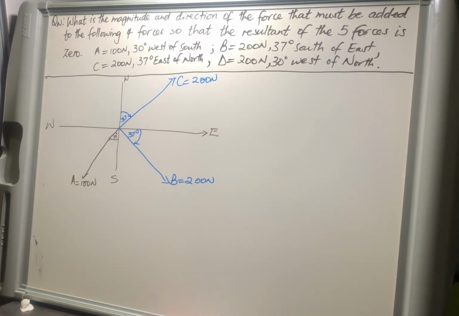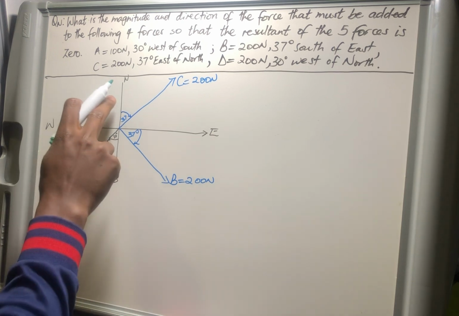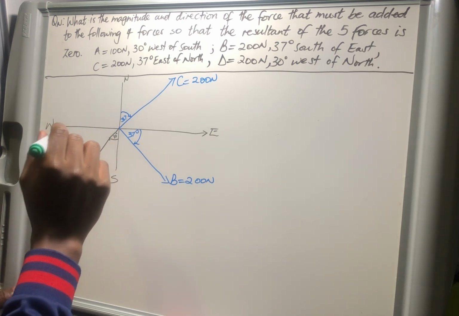Then the last one, you have D, which is 200 newtons, and you have 30 degrees west of north, which means you are at the north going to the west.